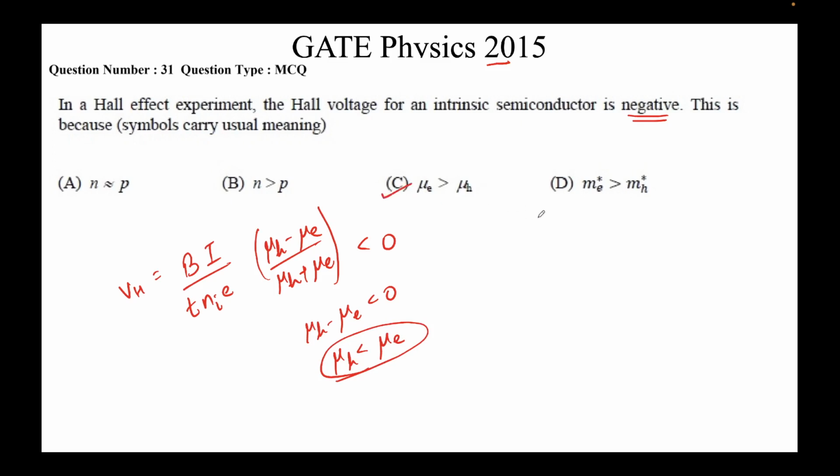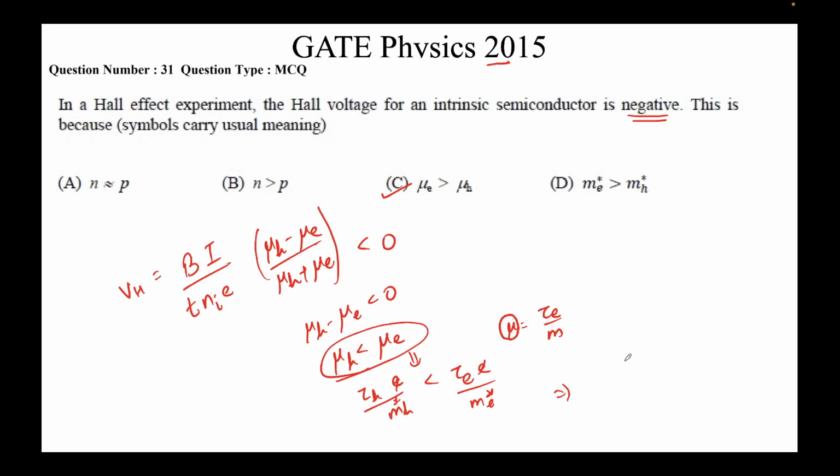Now, before we finish, I told you that mobility is tau e by m. Even if we have a relation about mobility, so mu H is less than mu E, let's put it: tau H, electronic charge e over mh star is less than tau E, electronic charge e over me star. That's directly a result of this. So e and e get cancelled.